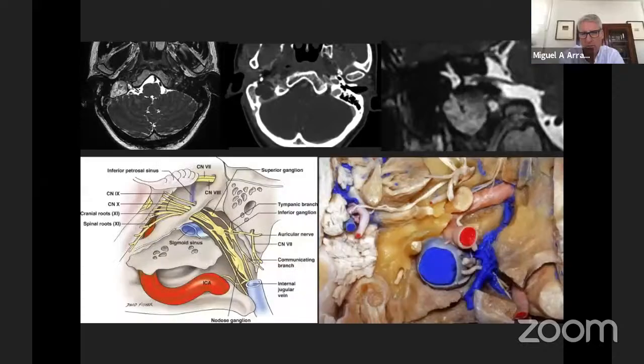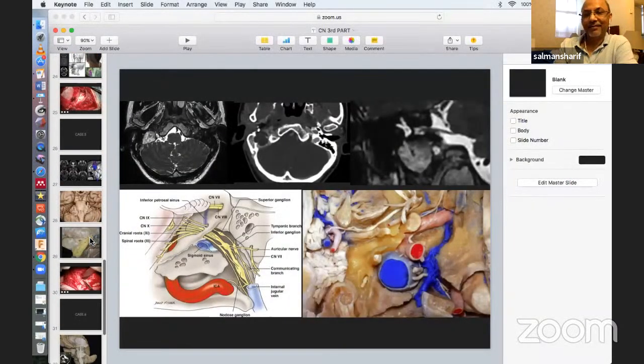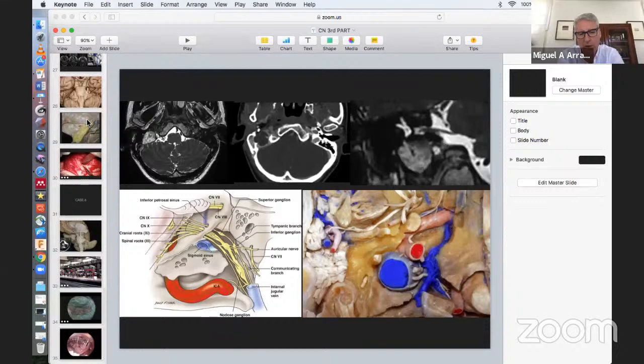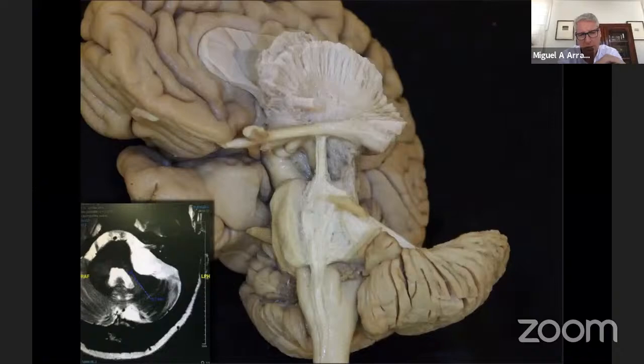Yeah, that's sensible. Totally agree. Yes, Miguel. Sorry. Yes, I do agree. Well, all roads lead to Rome, but I think this is a primarily extradural approach, and this approach through the mastoid area is very straightforward to my mind.